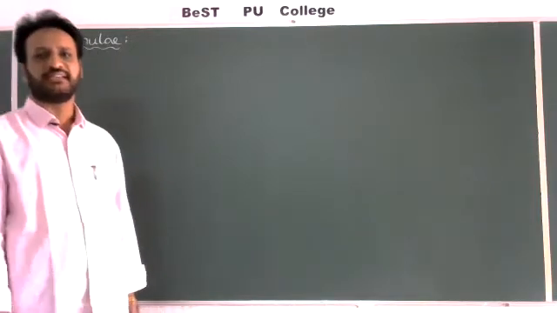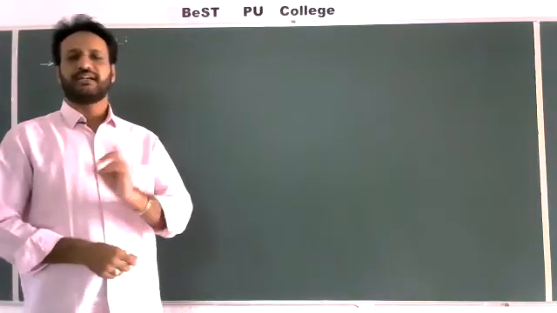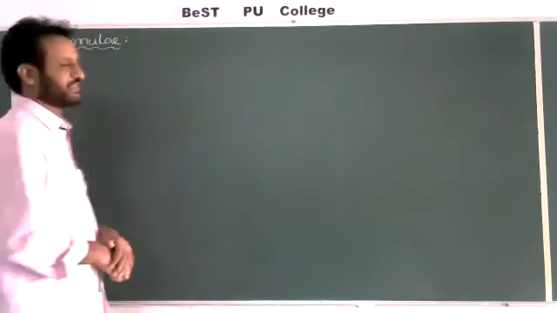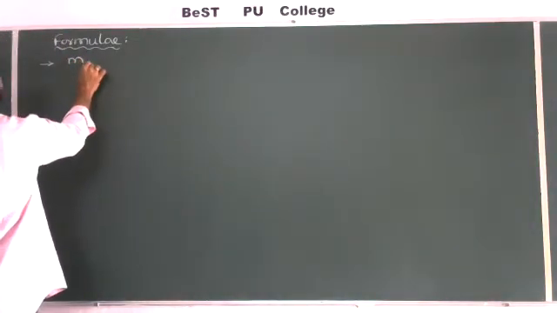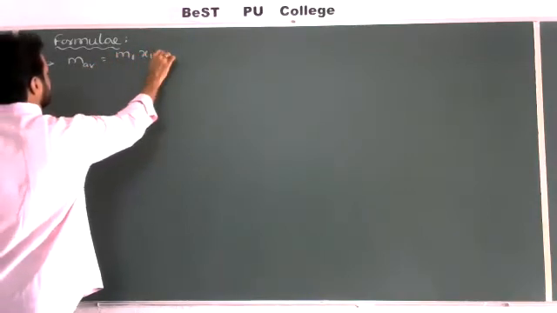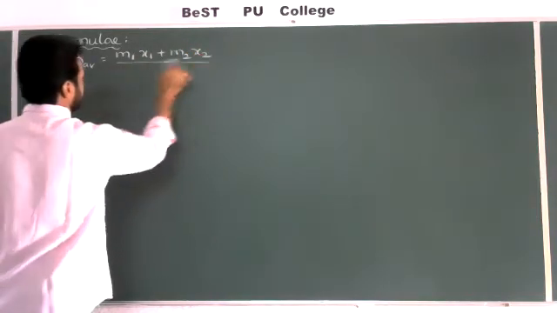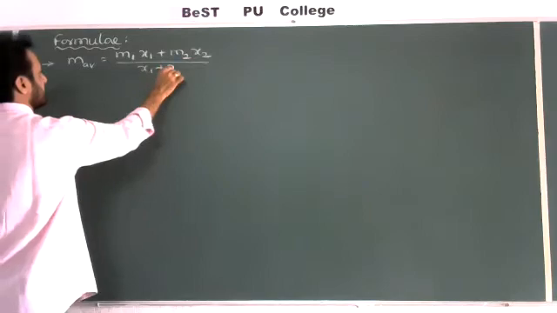In this chapter's starting we discussed isotopes, isobars, isotones, and the composition of the nuclei. For isotopes, I gave one important concept: how to find average atomic mass. M average is equal to M1 x1 plus M2 x2, divided by x1 plus x2.